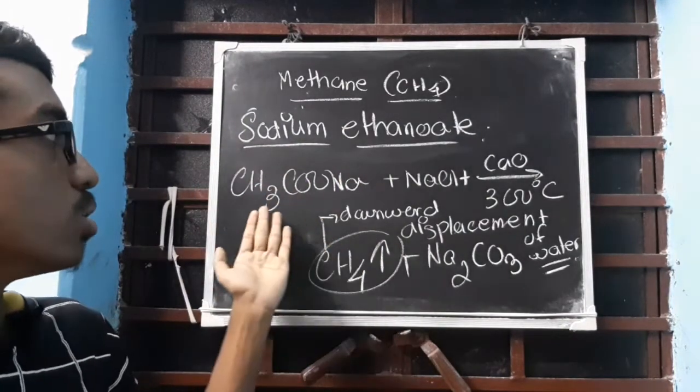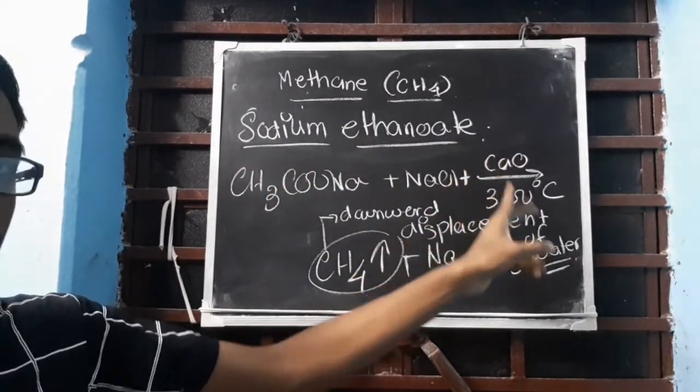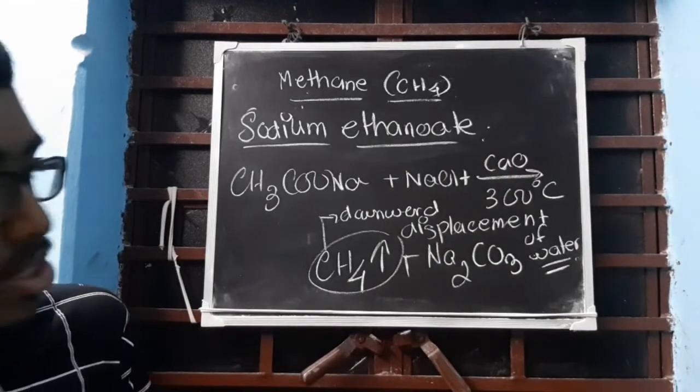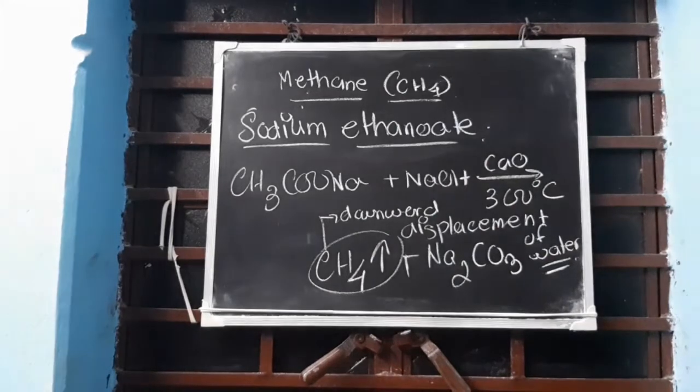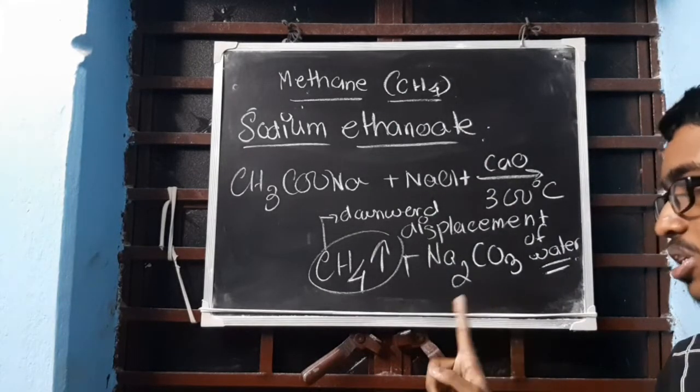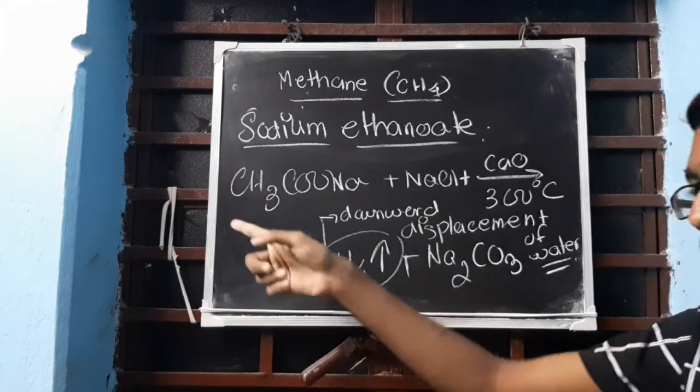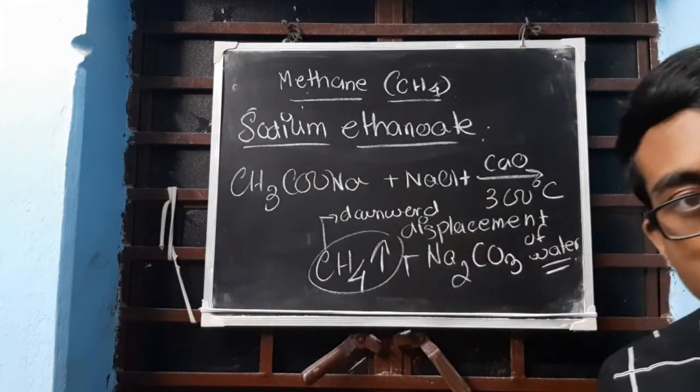So this plus soda lime, that is these two, at 300 degrees Celsius will give you sodium carbonate plus methane gas. You have to remember the reaction, not memorize the reaction.